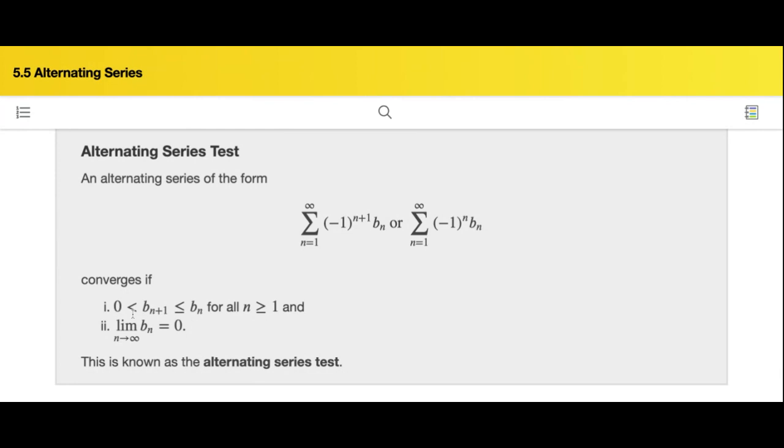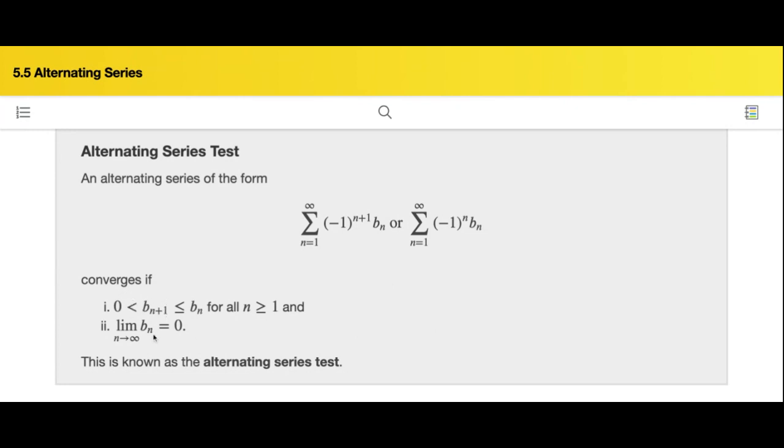So first, it is a non-increasing sequence and also positive; the terms are positive. And second, the limit of the nth term equals 0. Because it's decreasing, as we can imagine, it keeps decreasing, and at a certain point it will approach 0.